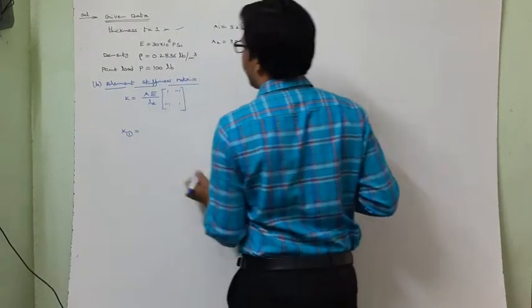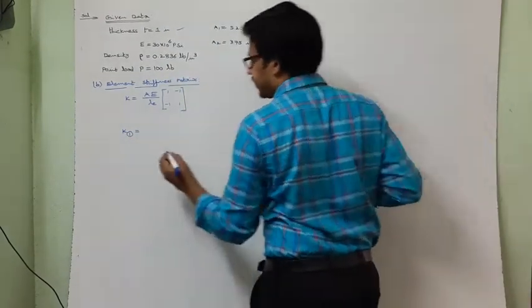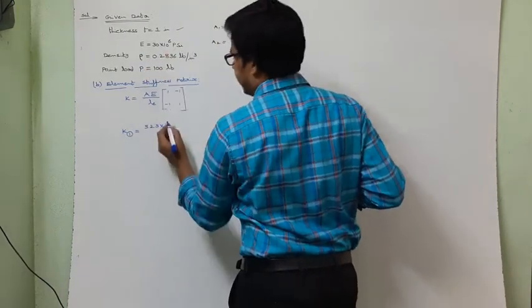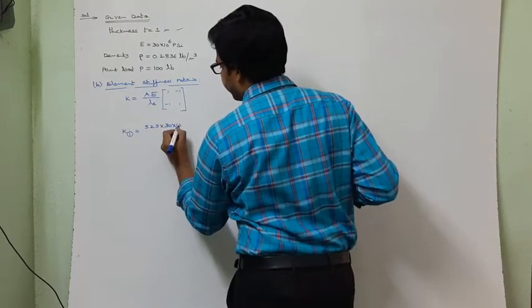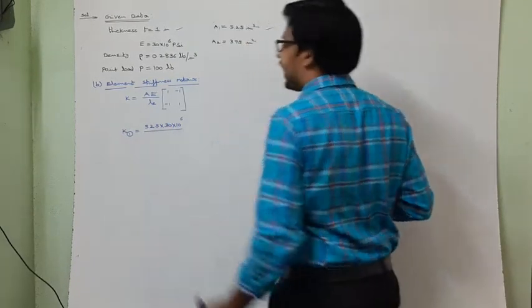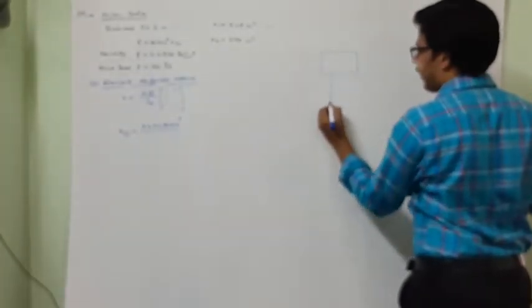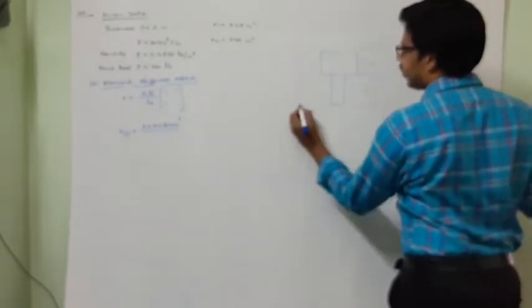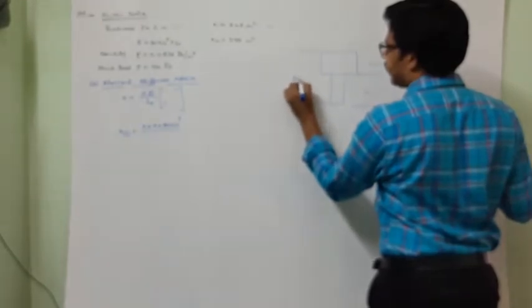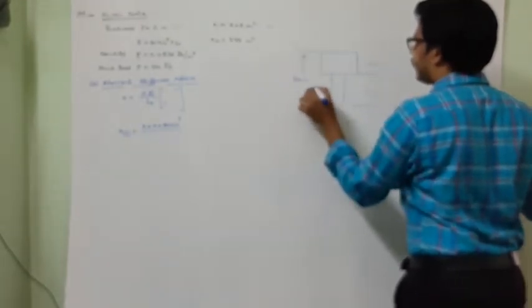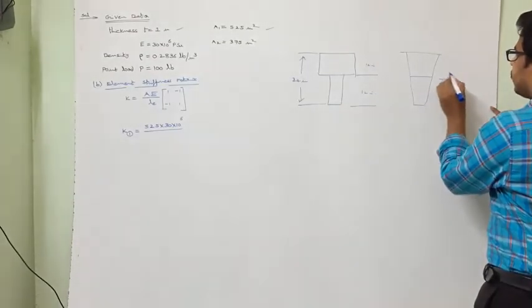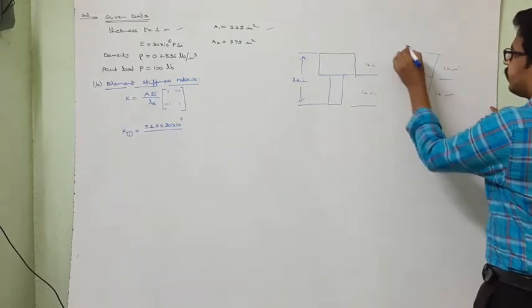K1 is equal to, what is the A1 value? 5.25 inches square, into the E value, E equal to 30 into 10 power 6, whole divided by the length of the first element. So here in this diagram, the length of the first element is 12 inch and 12 inch. Total length of the bar is 24 inches. This is the 12 inch and 12 inch.